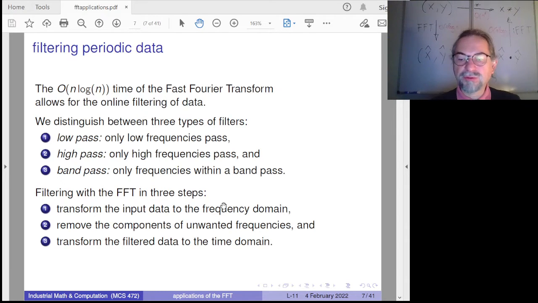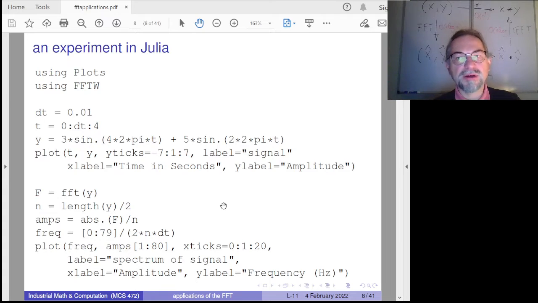So how do we now actually do this? We have the FFT package that wraps the FFTW software. The name of the package is the same as the software, FFTW. The W stands for the West.